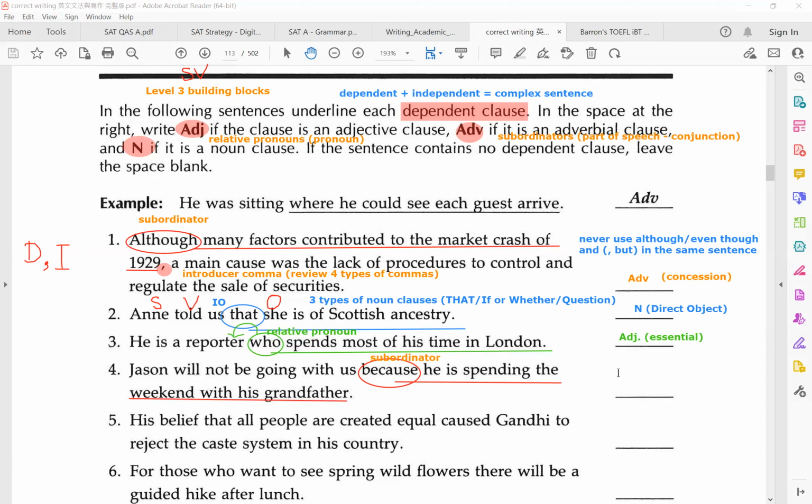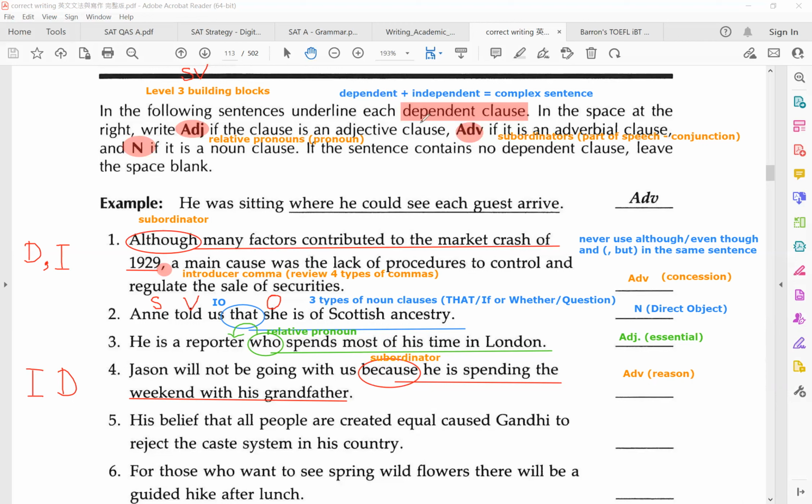I'm going to type adverb, and this is an adverb clause that indicates reason, right? Because, since, as, they tell us the reason. And do you see the layout? There's no comma here because our independent clause comes first, followed by our dependent adverbial clause. So there's no need for a comma.